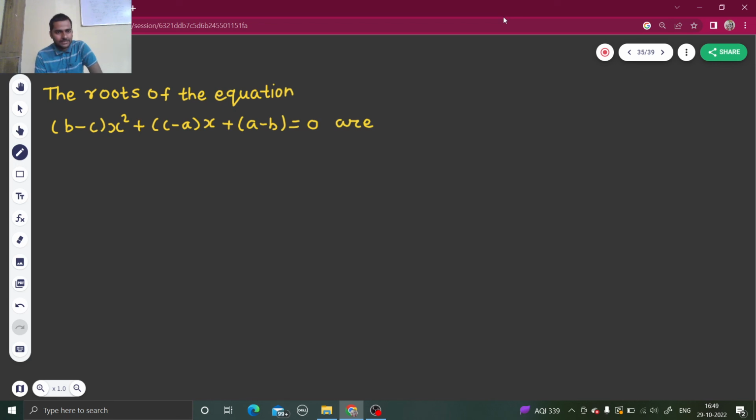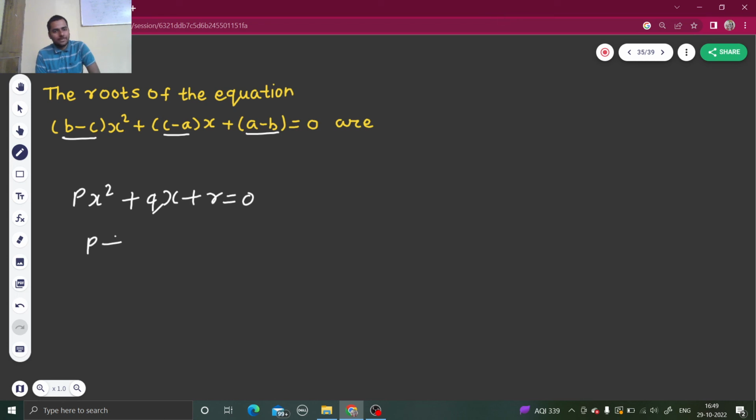So if they are asking us to find the roots of this equation, it's simple. First of all, you will check. It is not evident that you will always get this case only. So let me check. B and minus B, C and minus C, A and minus A. So here A plus B plus C. In order to avoid confusion, let's assume the quadratic here as px square plus qx plus r.